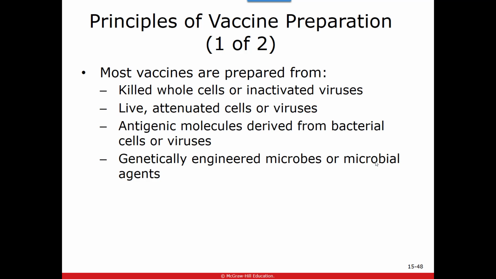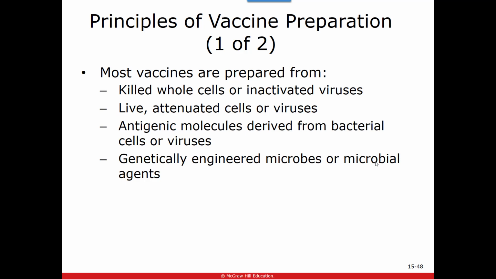A lot of times we shoot them with some radiation, but they're still alive, but they can't cause disease anymore. Some of them are made using different kinds of molecules, so different antigens, some of the epitopes that come from the bacteria or the virus, but not the whole bacteria or the virus.